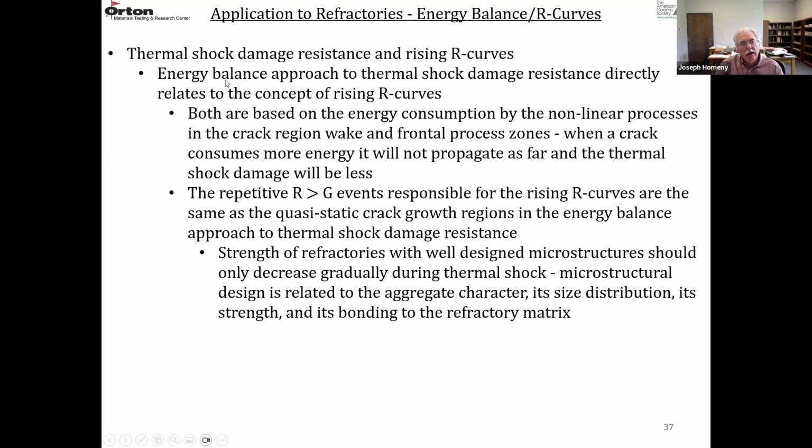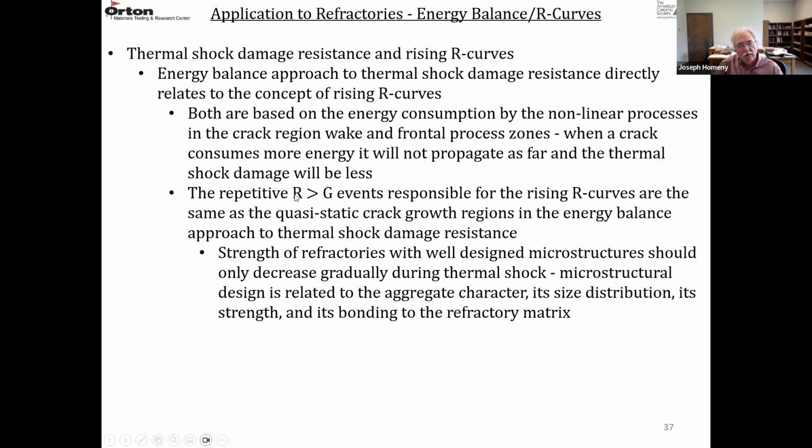So the energy balance approach to thermal shock damage resistance can be related to the concept of rising R curves. Both are based on energy consumption by nonlinear processes in the crack wake and frontal process zone. So when a crack consumes more energy, it will not propagate as far and the thermal shock damage will be less.